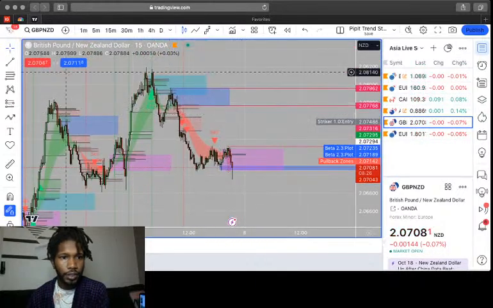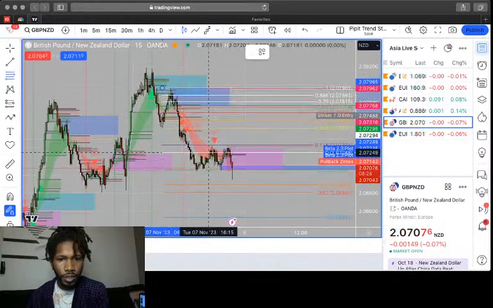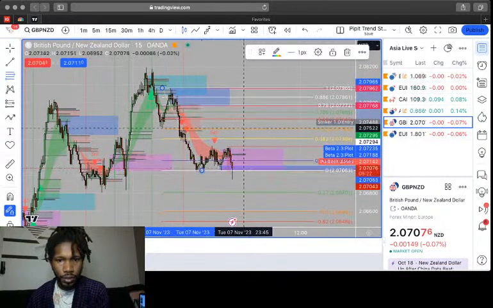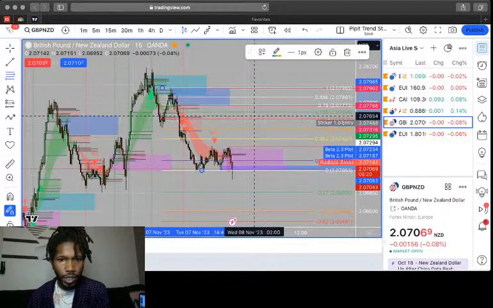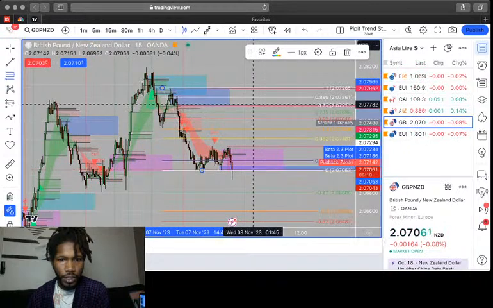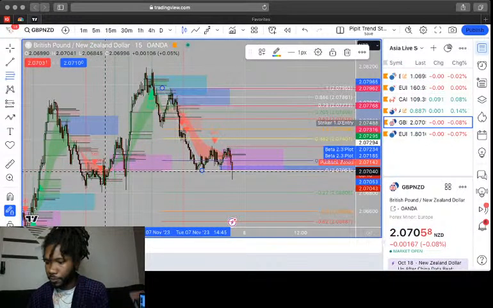And if it does continue to the upside, it's going to push up into the 618 or even to this zone to the 786. I could see that happening.